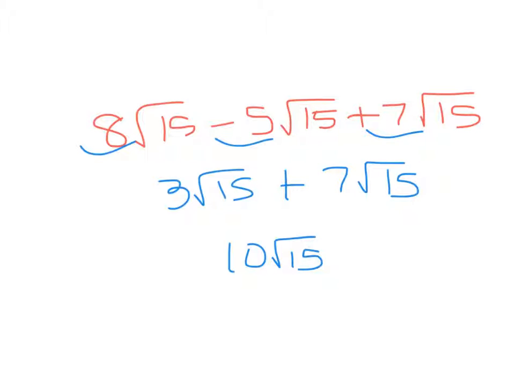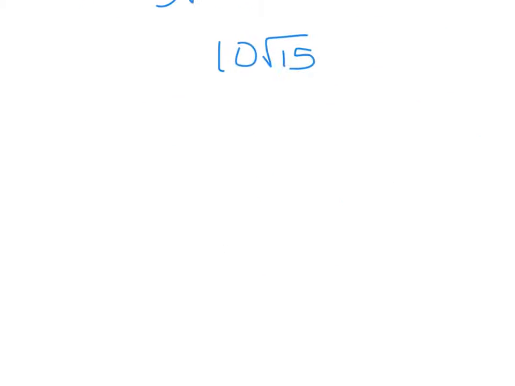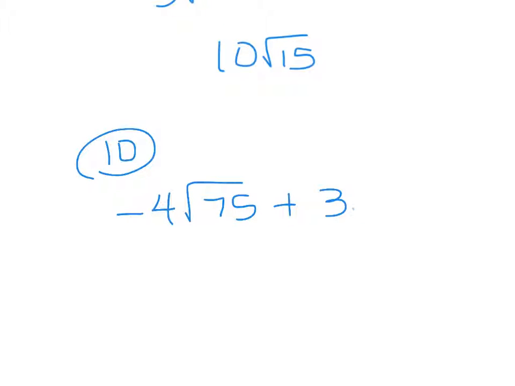Now you're also going to get radicals that you're going to have to simplify before you can add and subtract. So for example, if you have a question like, say, number 10 from the homework last night, so negative 4 square root 75 plus 3 square root 147. So before I can even attempt to add and subtract these, I need to simplify the square root of 75 and the square root of 147.